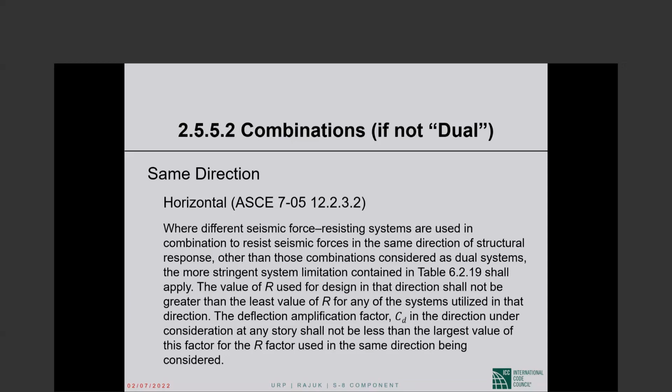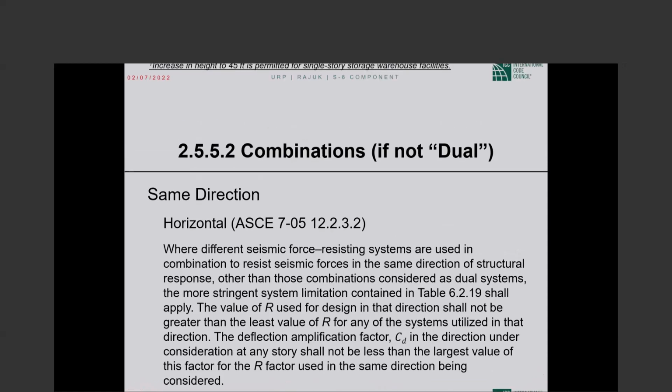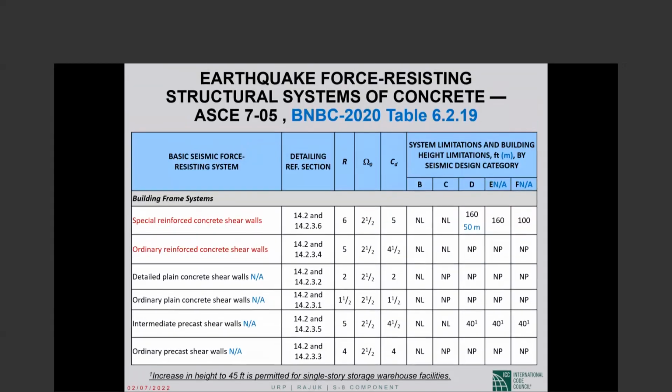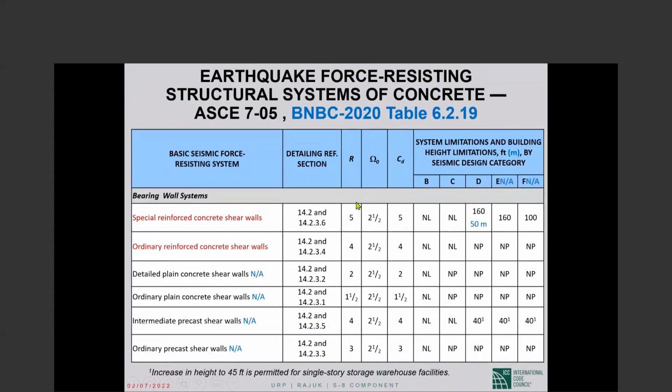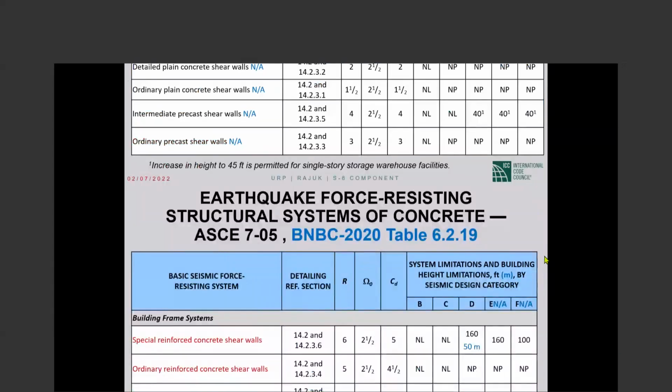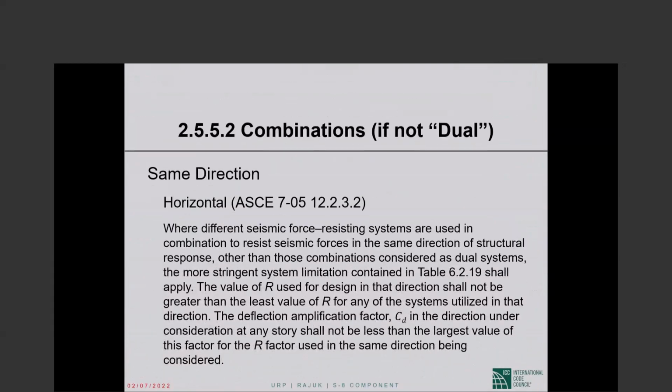C sub D shall be the corresponding C sub D. Like if the smallest R value comes from a bearing wall system, the corresponding C sub D of 2.5 will be the C sub D of the combination. Now, why do we say the largest value of this factor for the R factor used?